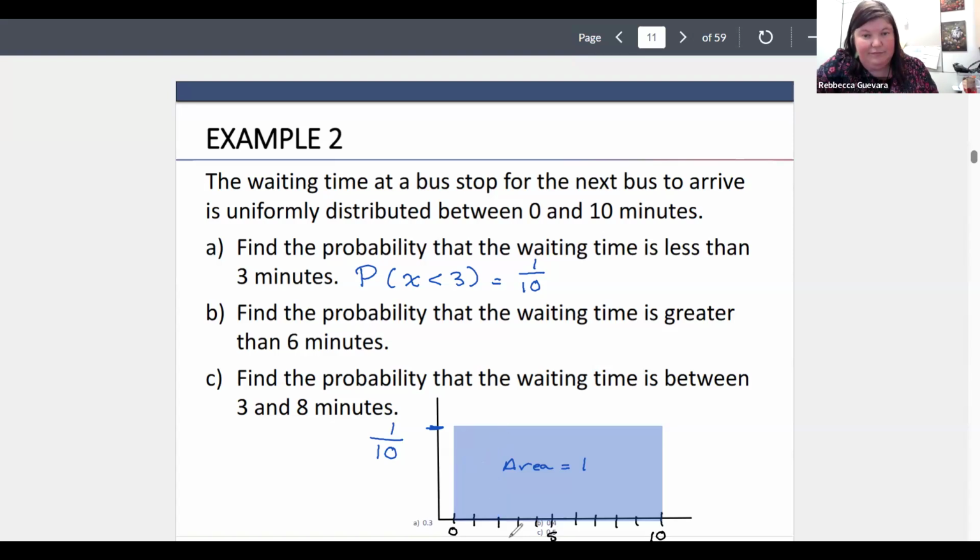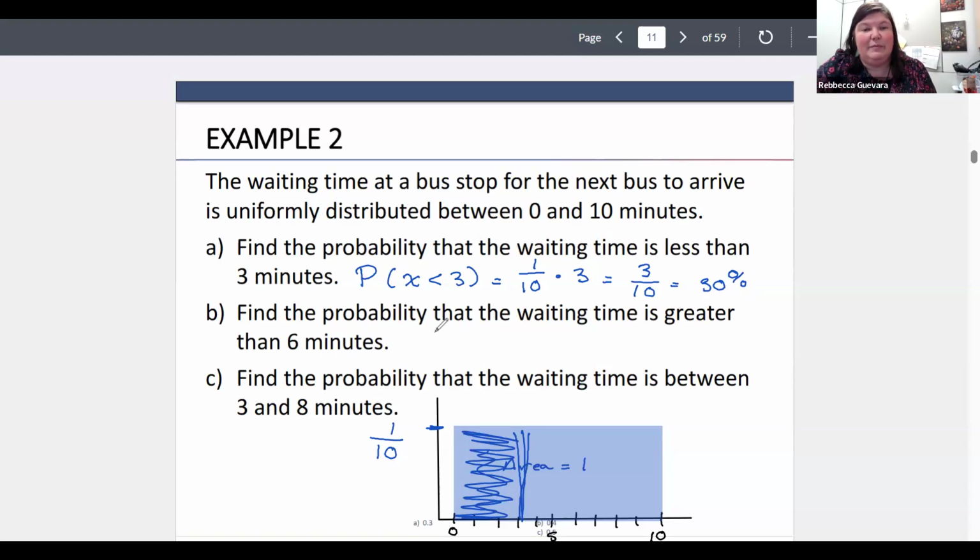Let me go 3: 1, 2, 3. So we're talking about this area right here. The height of that area is 1 over 10, but the width is 3. So my probability would be 3/10, or 30%.